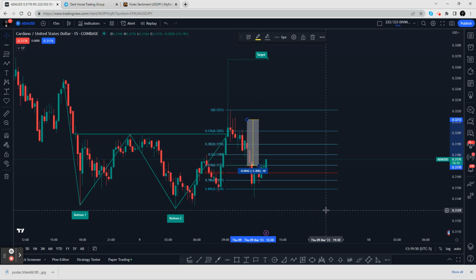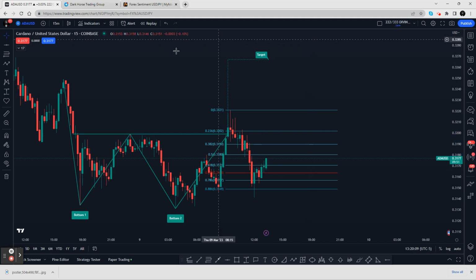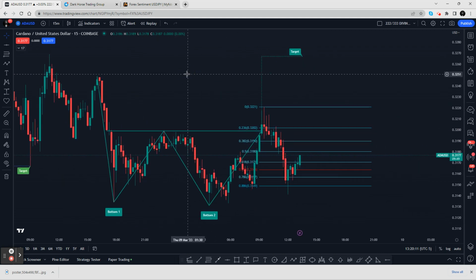So it moved 1.3%. If you're doing 10x leverage, that's 13% on your money. So that's pretty decent. If you would have got the bulk of the move, you're hovering at 2%, 2.2%. So 20% on your account for futures contracts. It's not bad. I'm going to stop there.